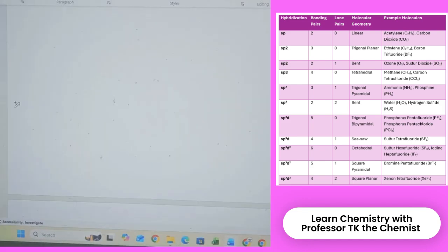All right, so let me show you all how to actually draw this out, right? So let's just go to some of our basic ones that we've dealt with before. Let's start off with hydrochloric acid, HCl. Now when you draw this out, I'm just going to draw the image out so that way we can just get straight to the shapes and the hybridization.